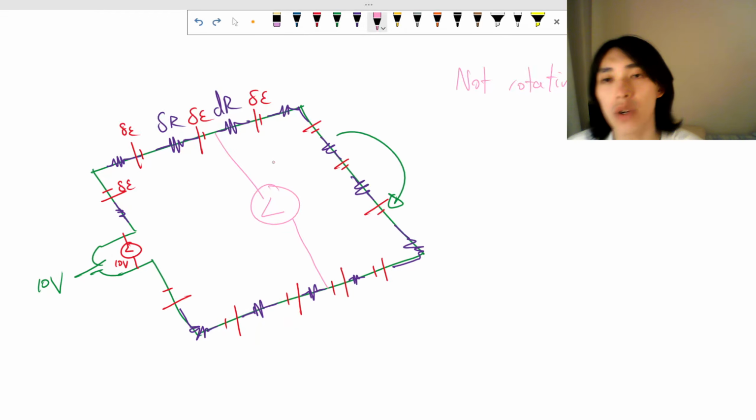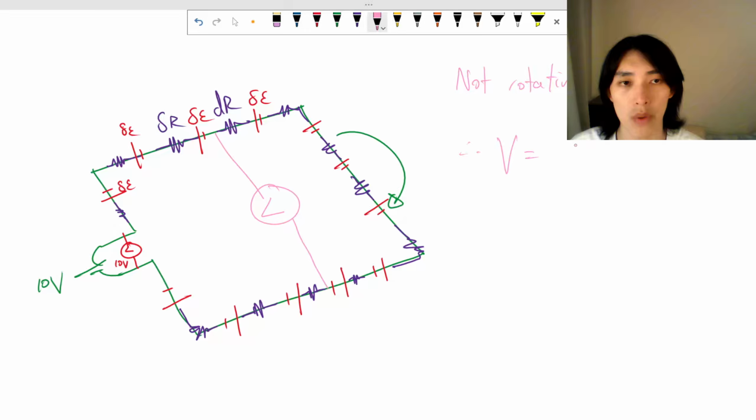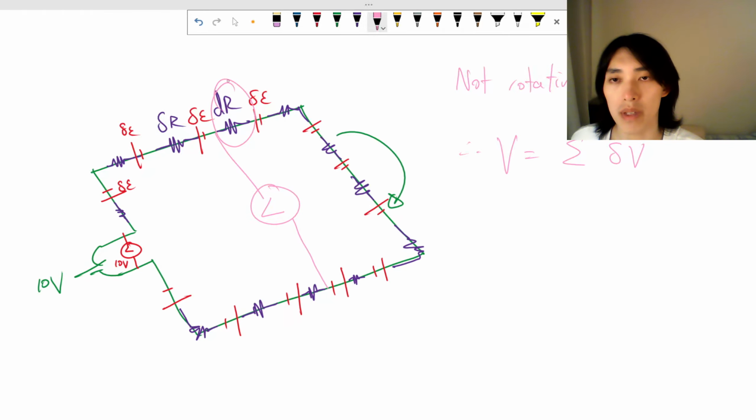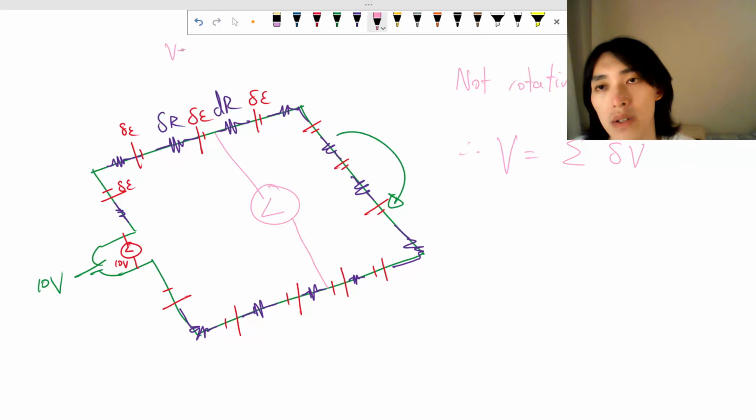If it's not rotating, then we won't have this delta E. So the voltage is the sum of these little voltages, and the little voltages arise from these delta Rs. We know that V is equal to IR.